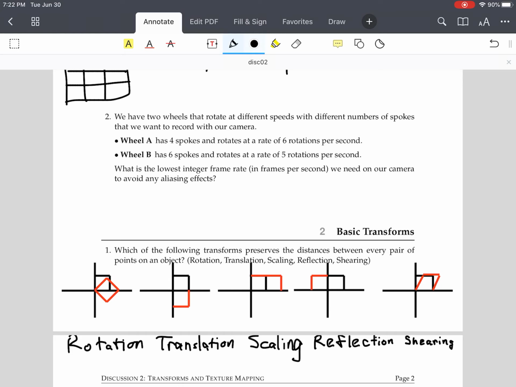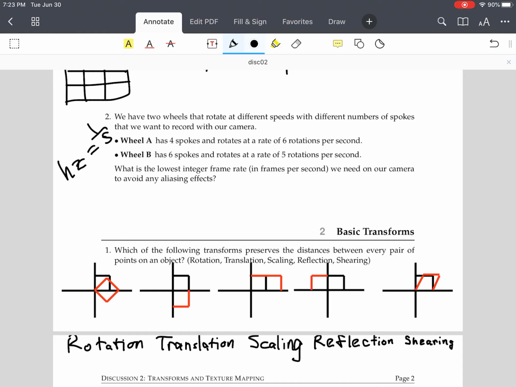Now let's remember that when we talk about frequency, what we're talking about is hertz, and the units of hertz is 1/seconds. Basically, how many times does something happen per second? In this case, we're interested in how many times this wheel looks the exact same per second, because that will tell us how often we need to sample to make sure we see everything.